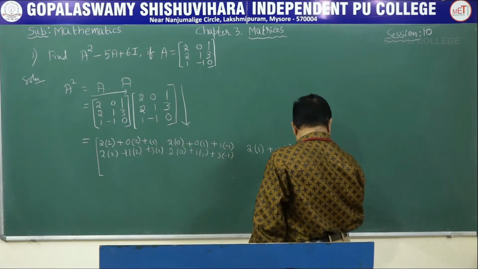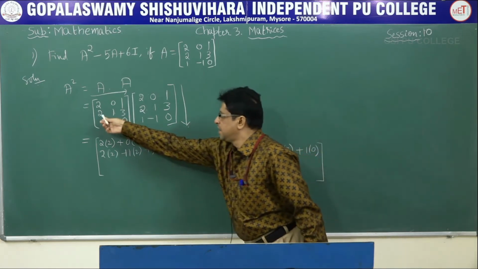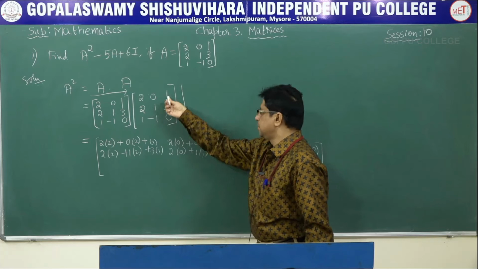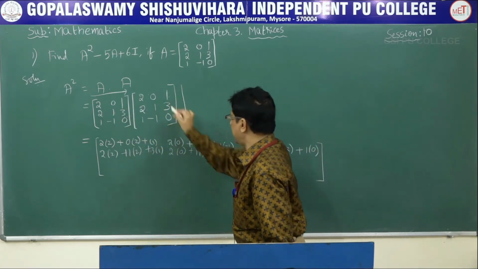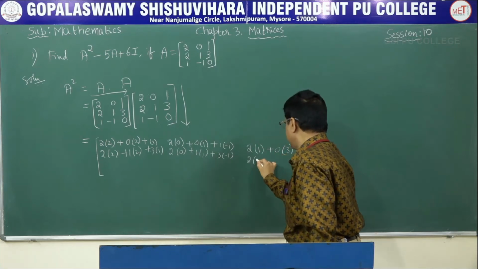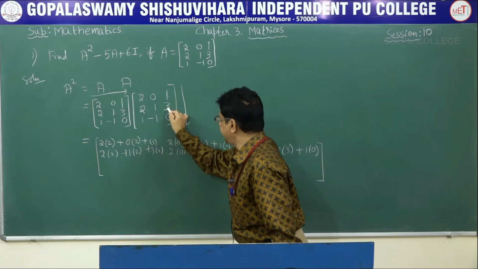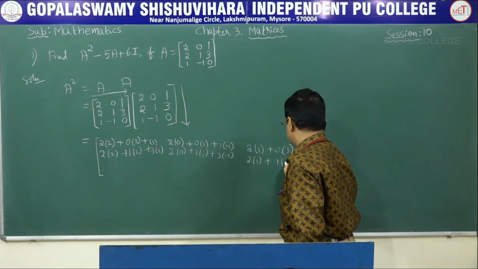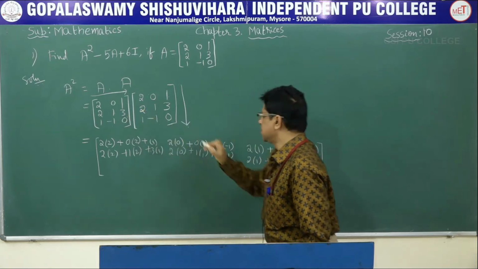Next element will be second row into third column, that is 2 into 1 plus 1 into 3 plus 3 into 0.